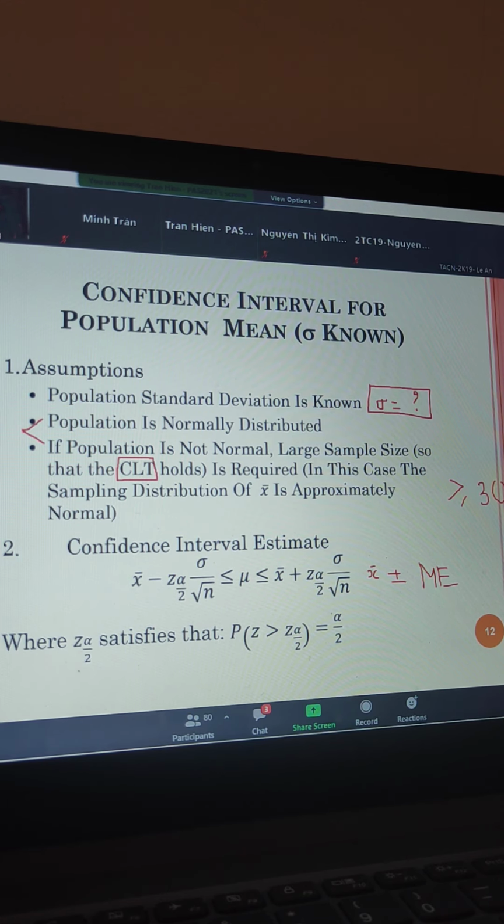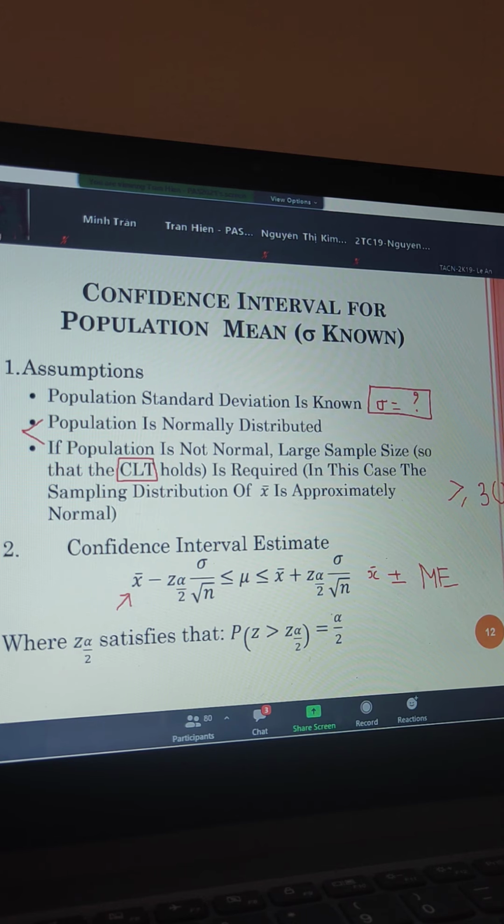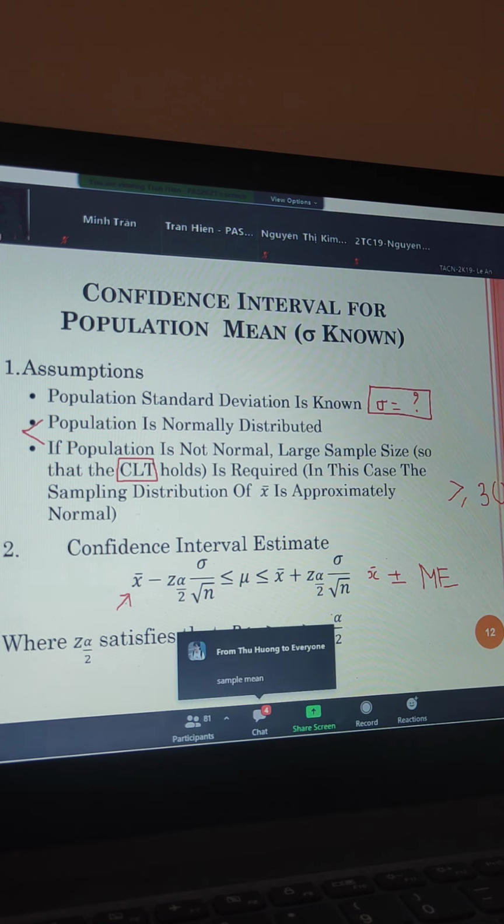So in here, let's see what we have in this formula. The first one, x bar. What is this class? x bar, what does it mean? Yes, the sample mean.